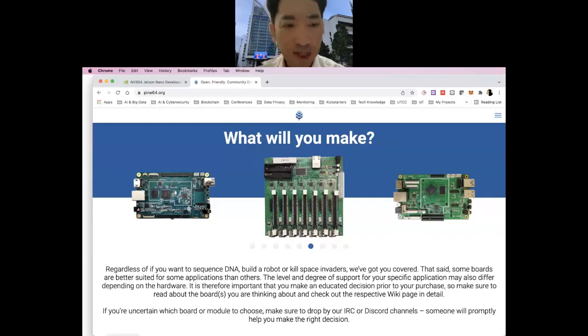Can you guess how much this development board costs? And don't forget that the processor is 64-bit. Can you guess how much it is? Any idea?